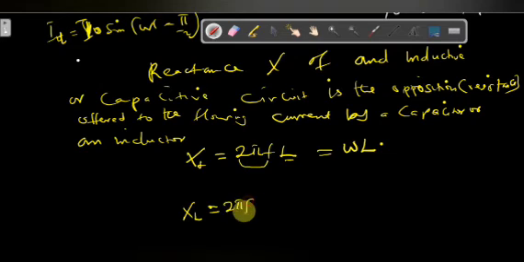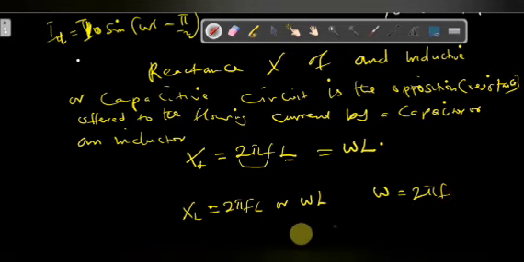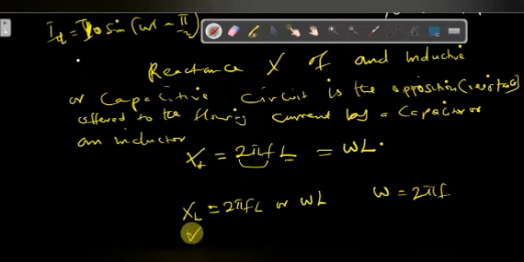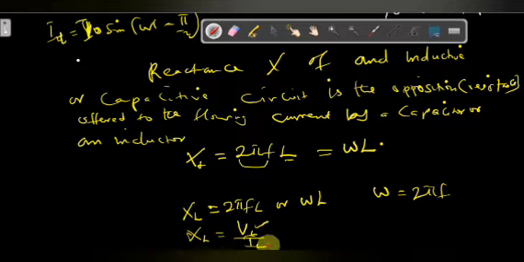I said XL is equal to 2 pi FL or omega L, because omega equals 2 pi F. Then XL can also be equal to VL over IL, that is the voltage across the inductor divided by the current across the inductor.